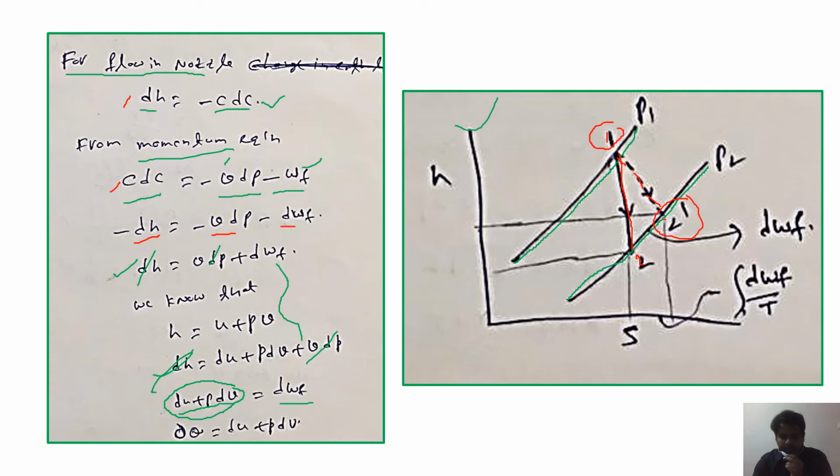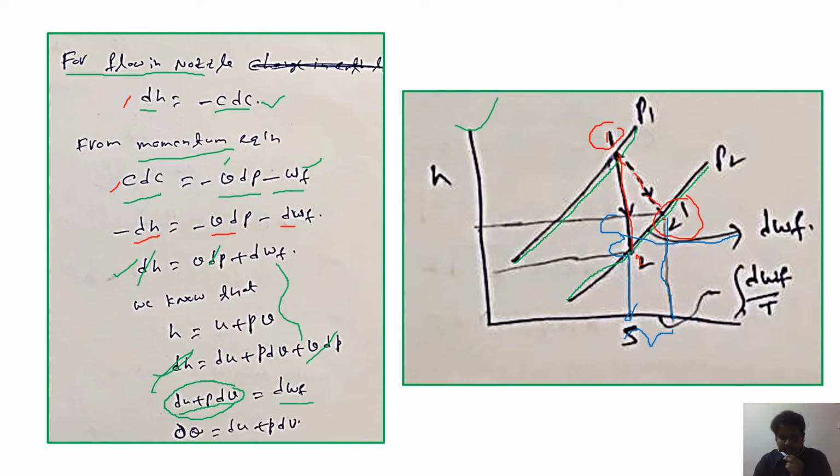Now as you can see here, there is a difference in enthalpy. This enthalpy difference is the frictional loss, and also due to the friction there is an increase in entropy.